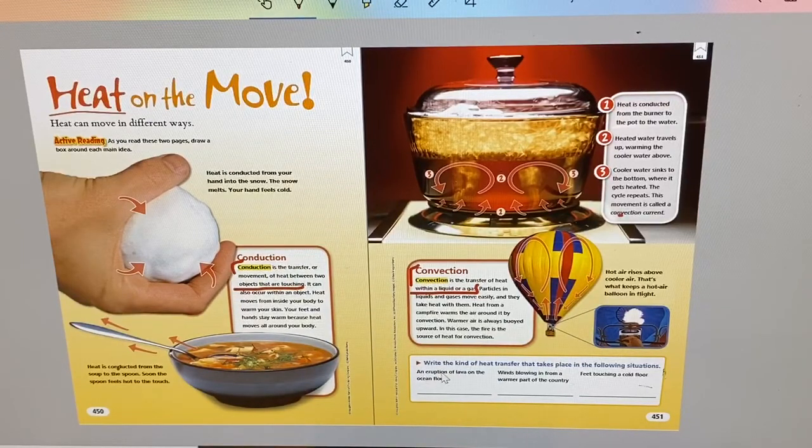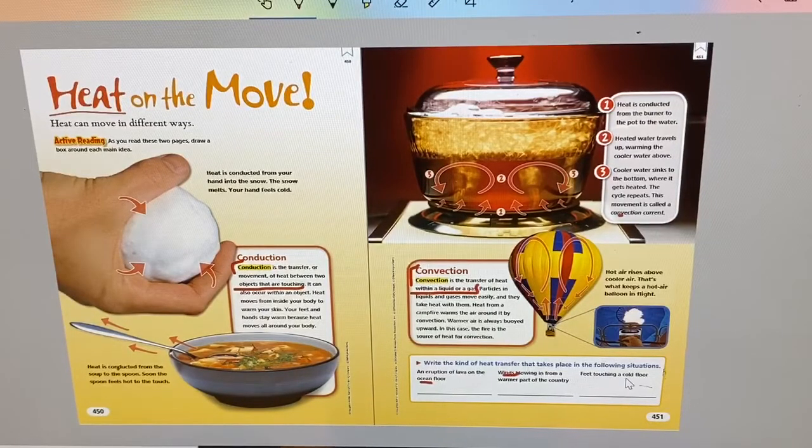Now, an eruption of lava on ocean floor. If it's liquid, definitely it is convection. Excellent. But winds blowing from a warmer part of the country, so wind is a gas, so it definitely is convection.